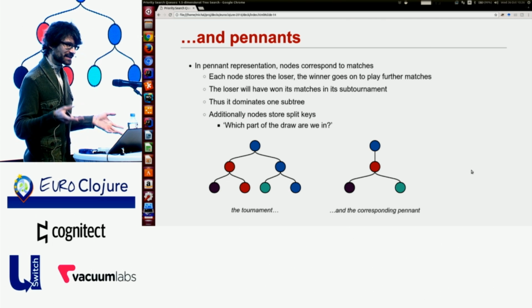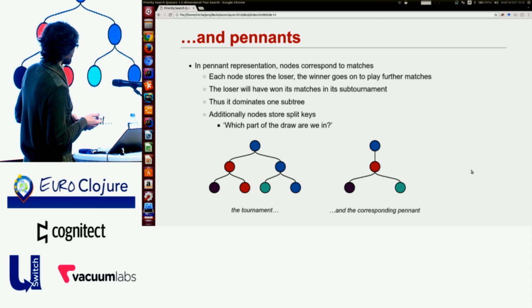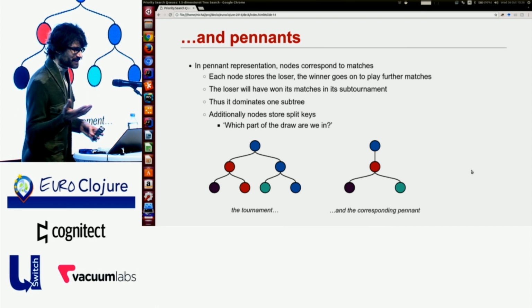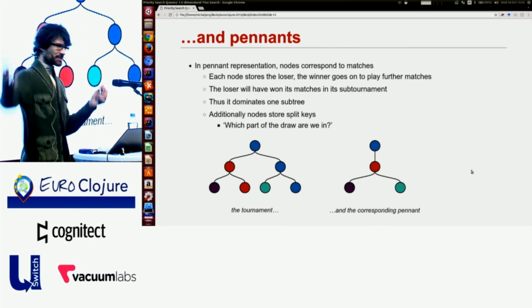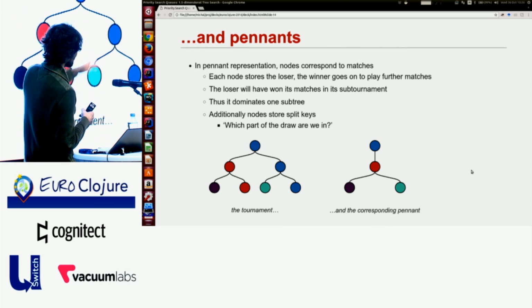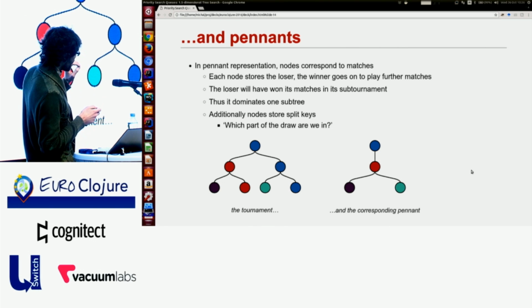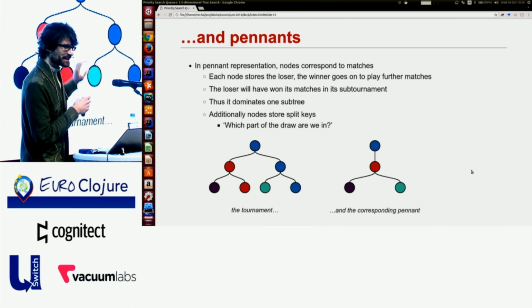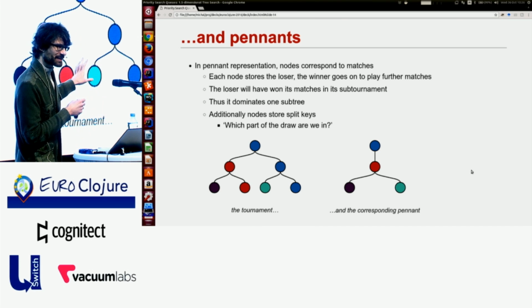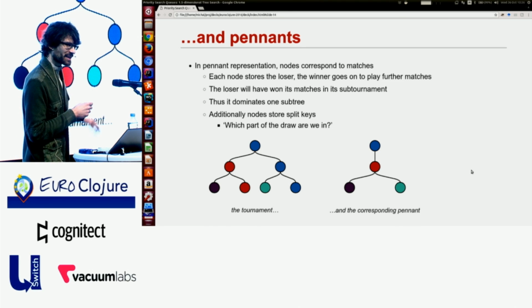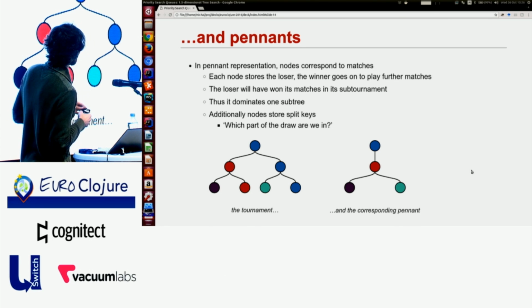And the missing contestant is the overall winner. So it's not stored in the tree, but that's no problem, right? Because we can just add it on top. So there it is. And perhaps if you squint a little bit, you might see how this can be taken to resemble a pennant, right? So that's where the name comes from.